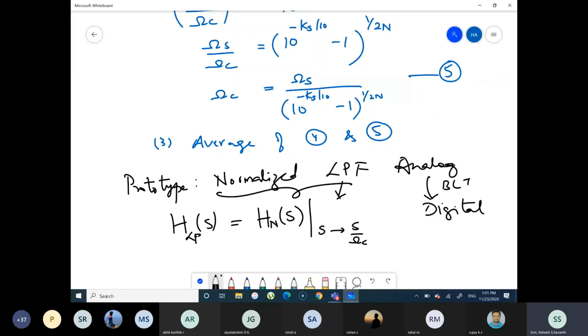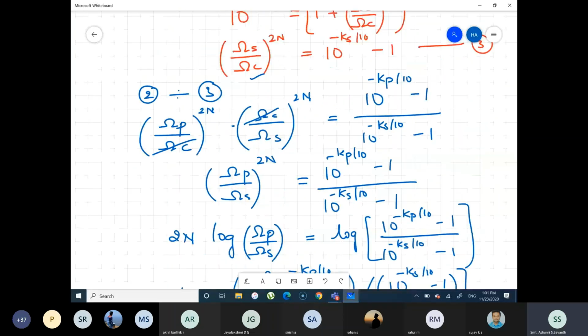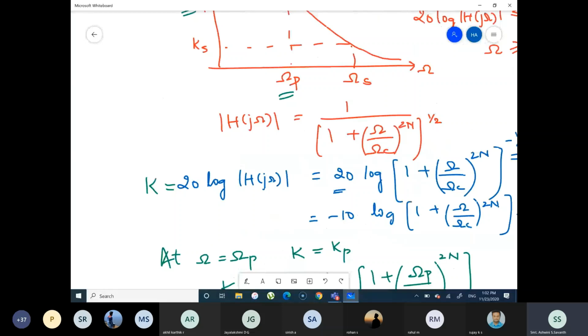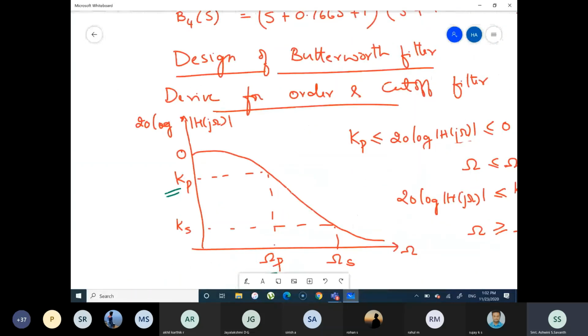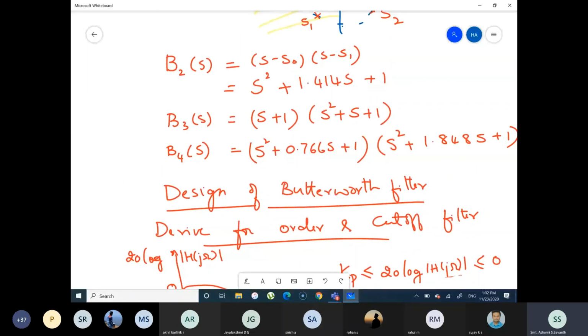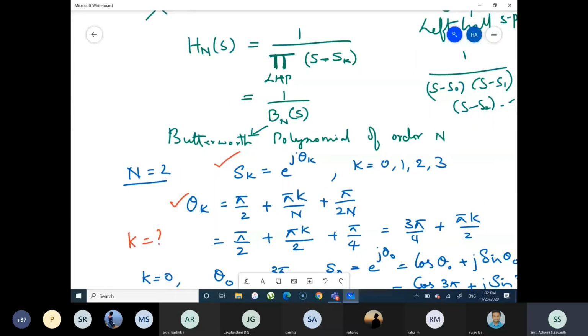If you look back at the previous transfer function that we wrote, we have designed the normalized transfer function, Hn of s. You have to keep that in mind and never forget it.